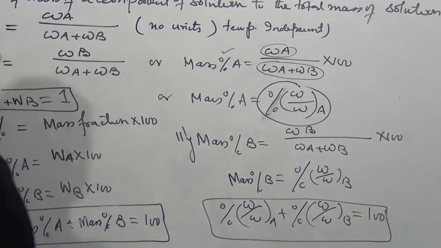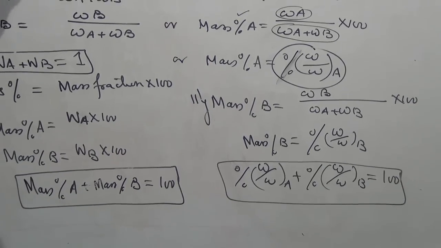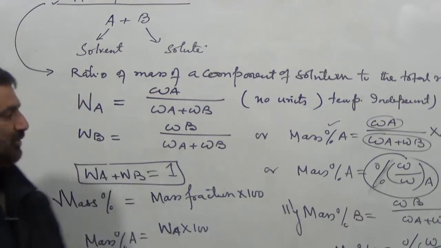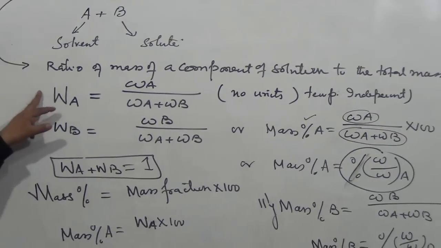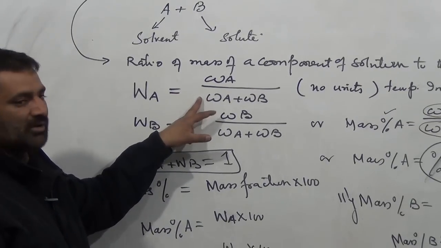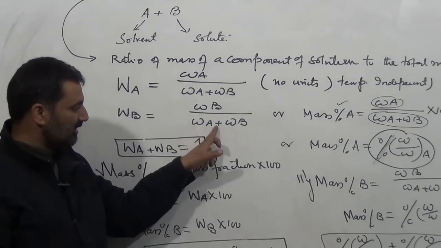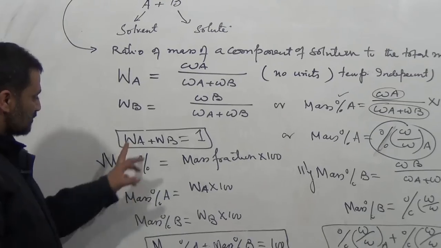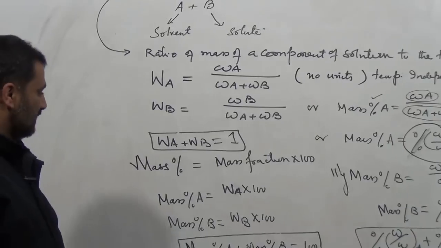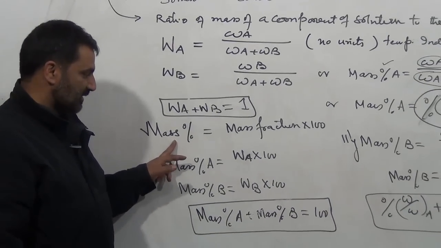So my dear students, I will explain it once again. Mass fraction is the ratio of mass of a component of solution to the total mass of solution. So mass fraction of A is equal to mass of that component divided by total mass of the solution. Similarly, WB is equal to WB divided by WA plus WB. So the sum of the different fractions is always equal to 1, and we can also write it in terms of percents.